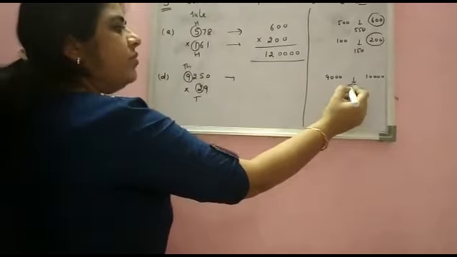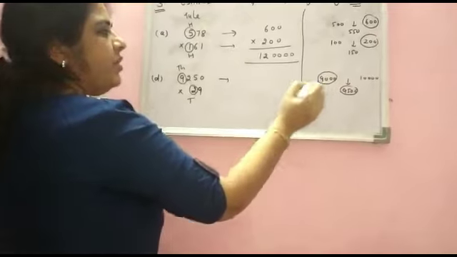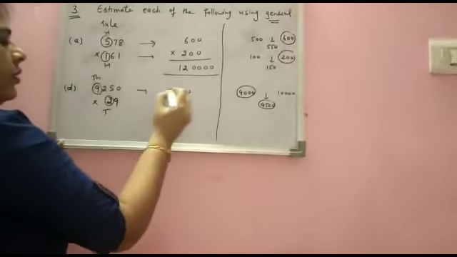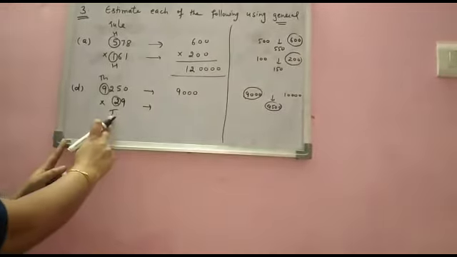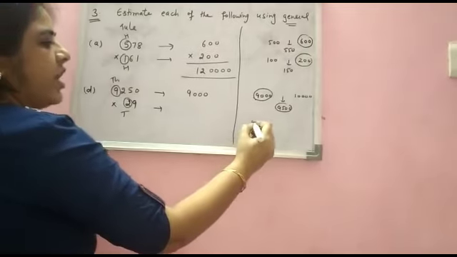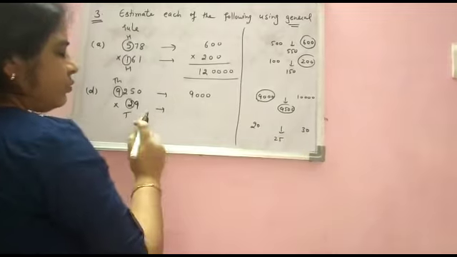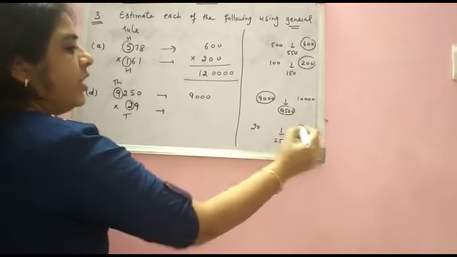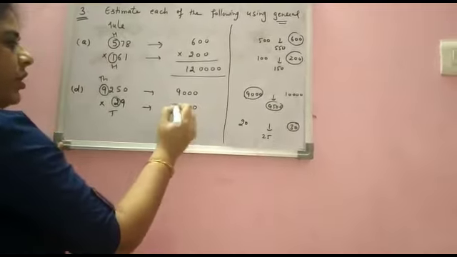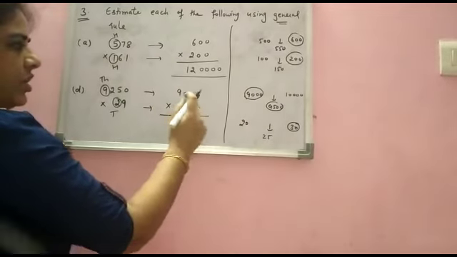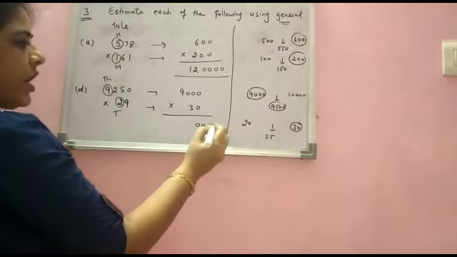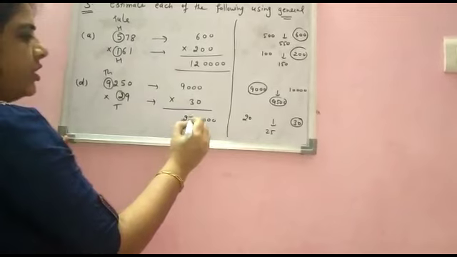So it's less than halfway. So it will be estimated to 9000. And now the maximum place for this number is tens, which lies between 20 and 30. Halfway is 25. It's more than halfway, so it will be estimated to 30. Now find its product. 3 and 1 with 4 zeros, and 9 threes are 27.